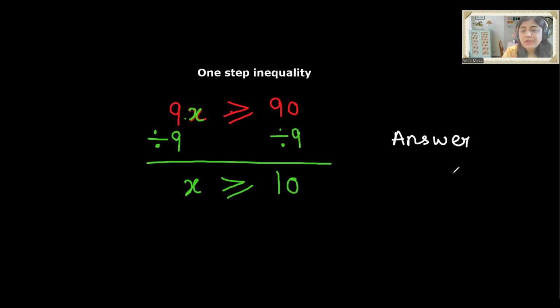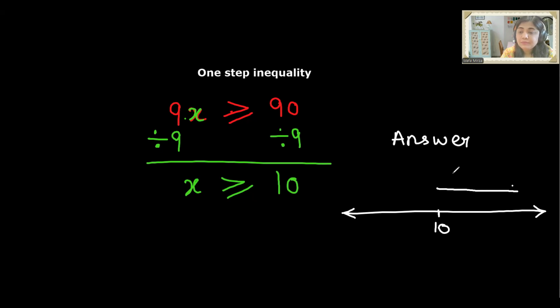So again, I will draw the number line. I will mark somewhere here 10. So I am saying that x is greater than 10. Whenever x will be greater than 10, I will move towards the right side. x is also equal to 10. So since x is also equal to 10, I will put a dark circle.